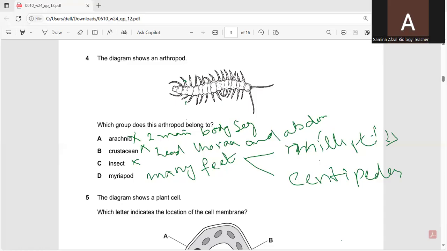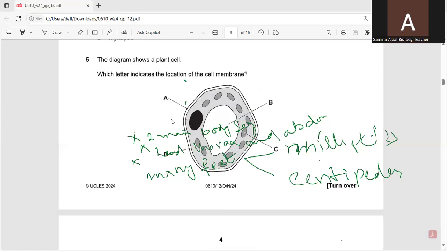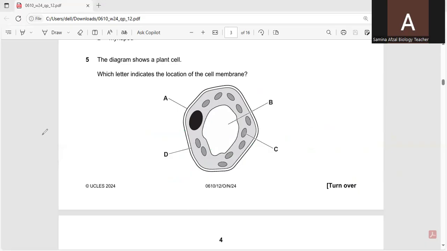And the next question is, the diagram shows a plant cell. In plant cells, there is a cell wall, cell membrane, chloroplast, and sap vacuole. A single central large vacuole is present. The nucleus is on one side.